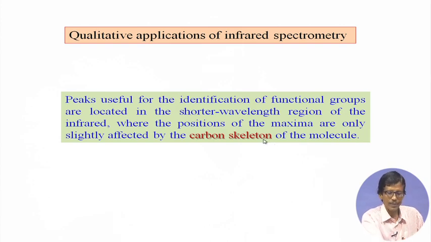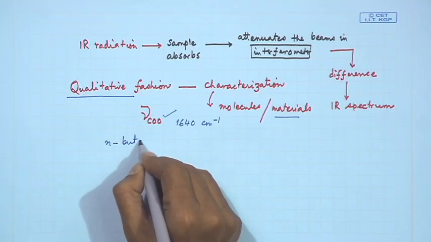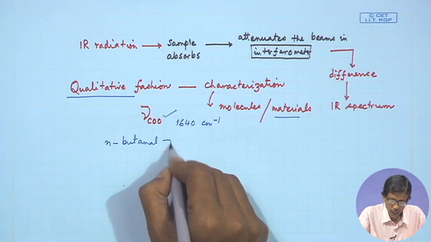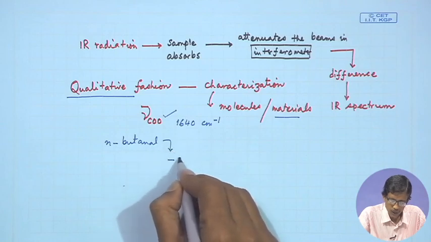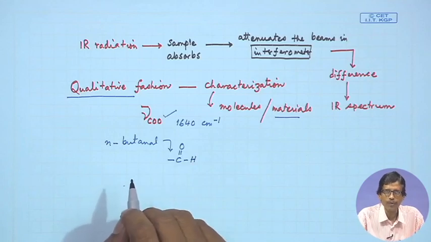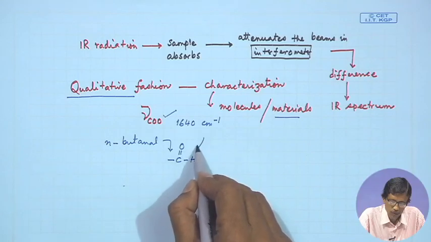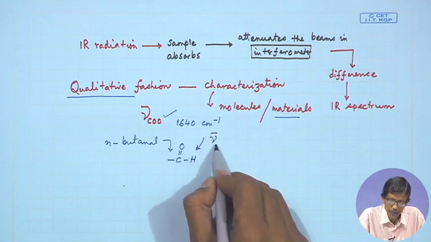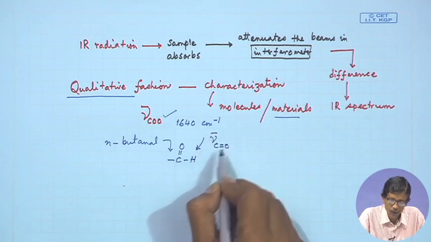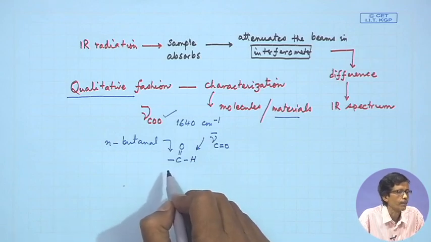As we have seen, N butanol we talked about in one of our previous classes, which we consider as the aldehyde function. This aldehyde function will be responsible for giving you the characteristic C double bond O stretch, which is also characteristic for the aldehyde function.